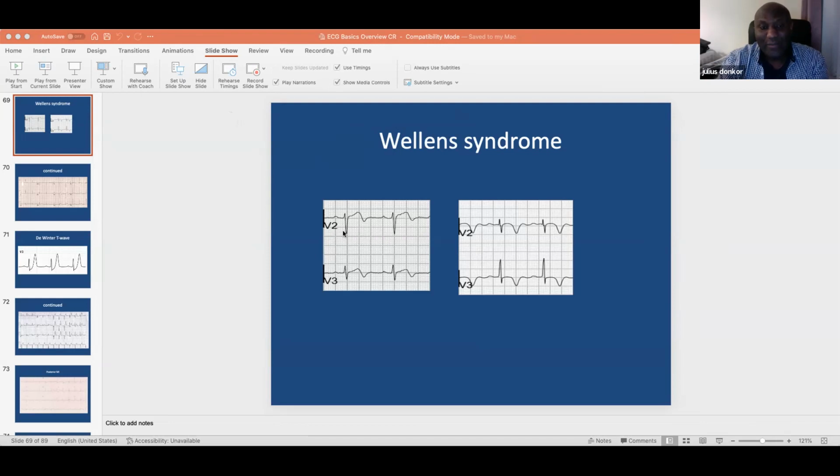Spot on, yeah. You might have an ST elevation, but what to look out for is reciprocal changes. With MI, you usually do have some kind of reciprocal changes, looking at opposing leads.